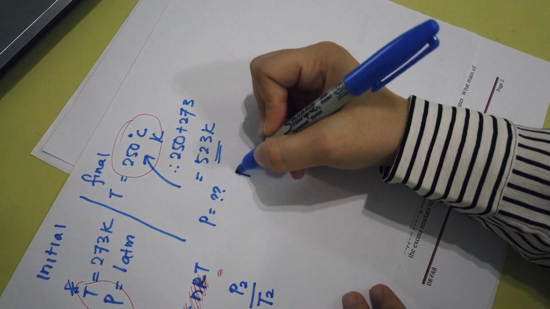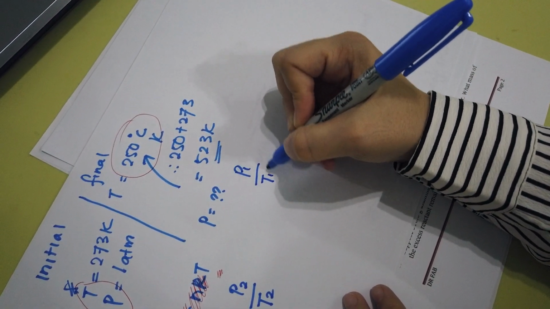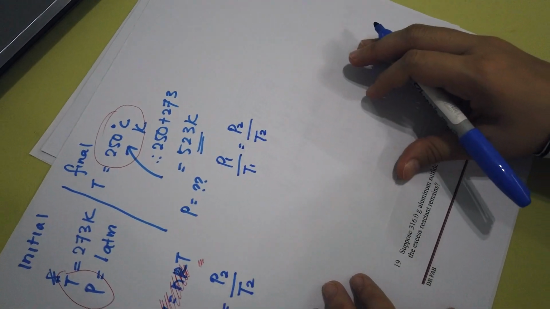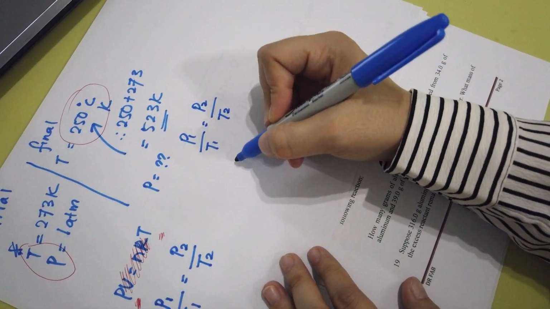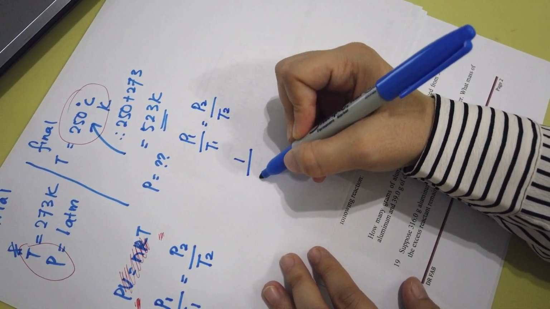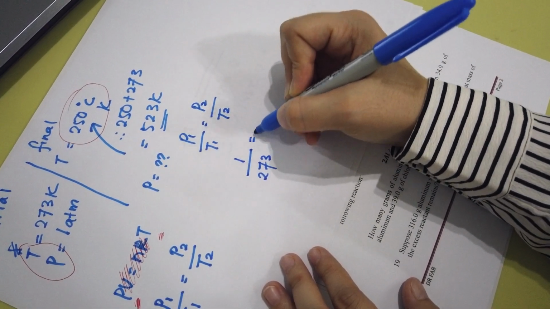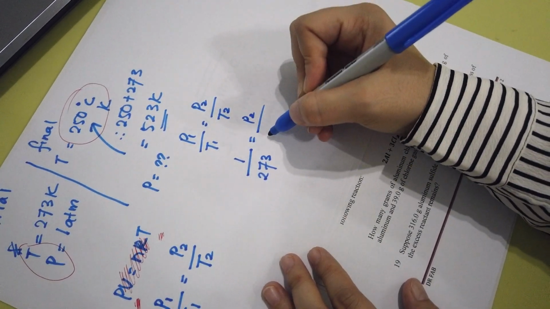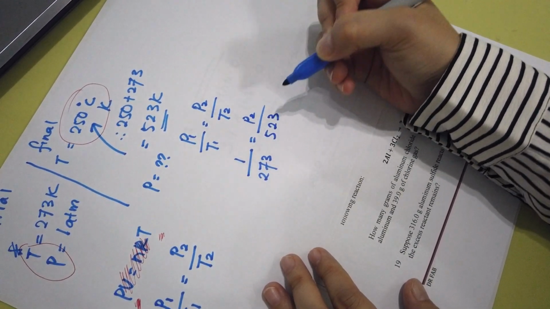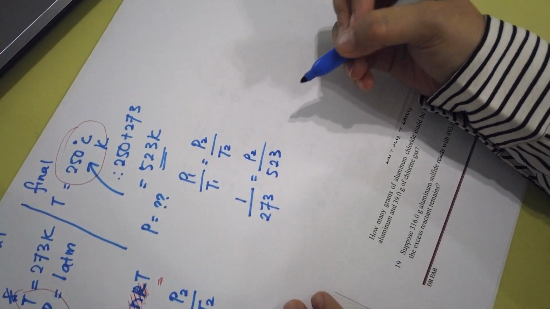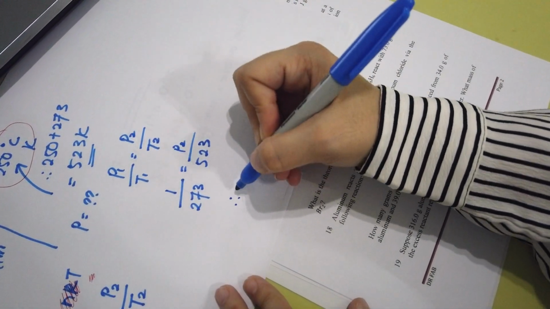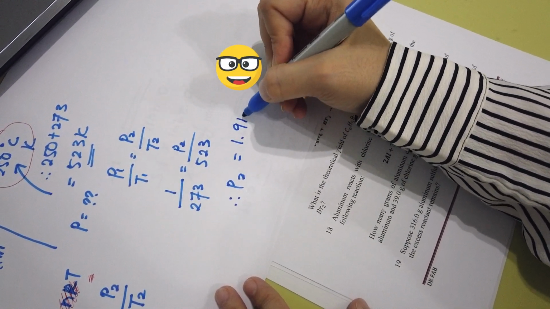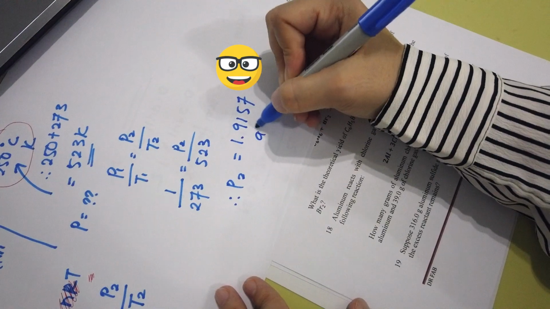Your P1 is 1 atm divided by 273 equivalent to P2, the value that you want to calculate, over 523 Kelvin. Therefore you will get your P2 equivalent to 1.9157 atm.